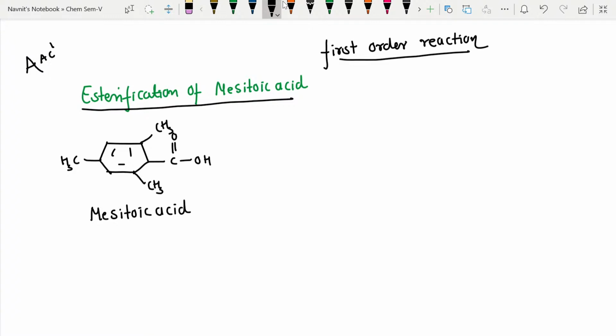Okay. So in the first step, what happens in the presence of acid? Because it is acid catalyzed. Now, this oxygen contains two lone pairs. One of the lone pairs gets protonated, giving a protonated acid.